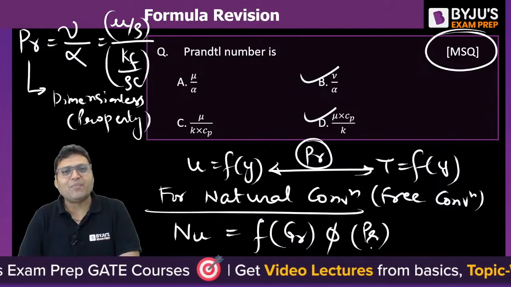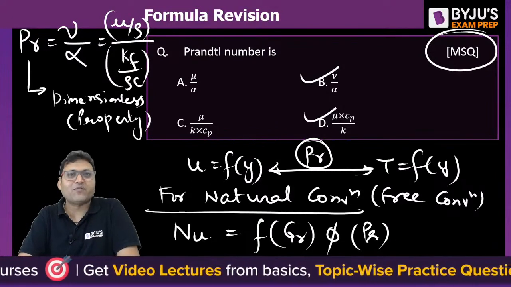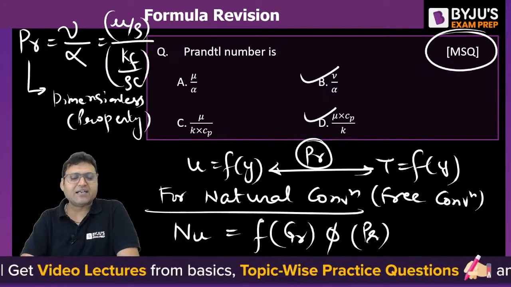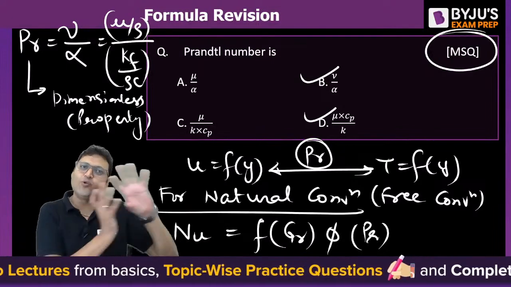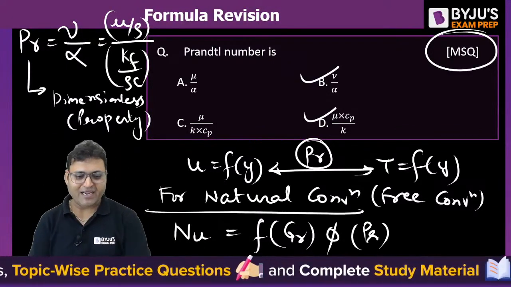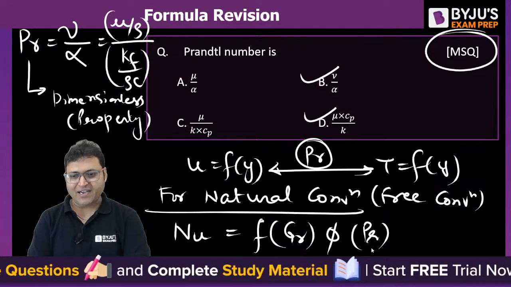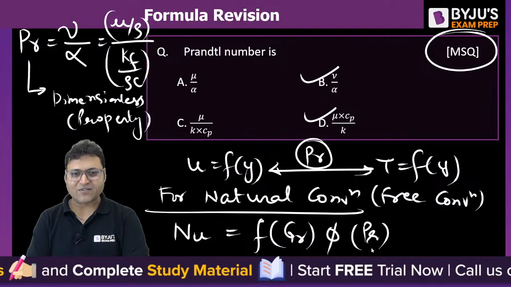So the Prandtl number always connects the velocity profile and temperature profile, or we can simply say it is the connecting link between fluid mechanics and heat transfer. All right. So B and D are the correct answer for this one.